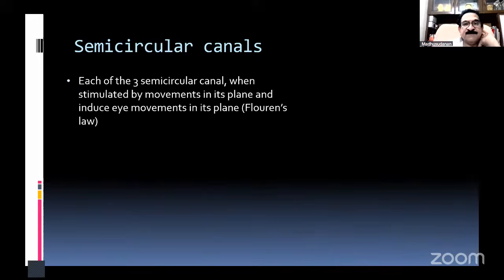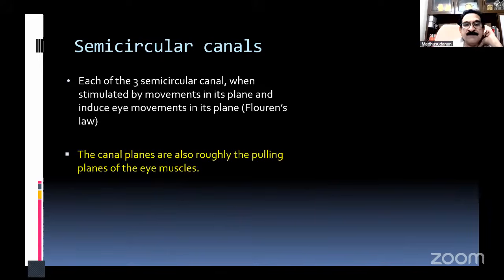Each of the three semicircular canals, when stimulated by movement in its plane, induces eye movements in its plane. That is Flourens's law. Suppose a horizontal canal is stimulated; the eye movement induced is horizontal. If the vertical canal is stimulated, the movement is vertical as well as torsional, because the vertical canal mediates both torsional and vertical movement.